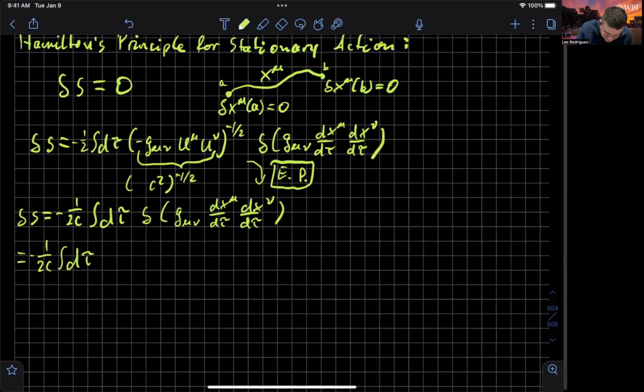So here I'm going to have 3 terms. I'm going to have the variation of g mu nu, okay, and then I'm going to have dx mu d tau, dx mu d tau, and then I'm going to have plus 2 times g mu nu, and then I'll just use the first one.